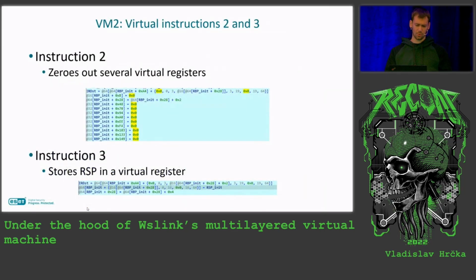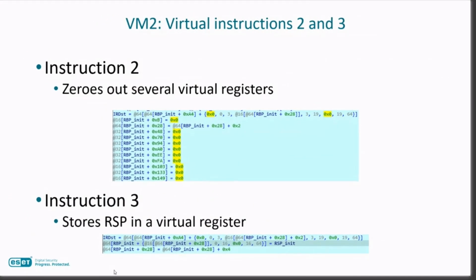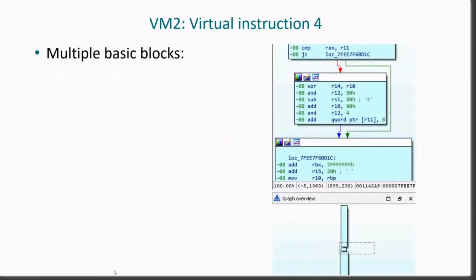The next two virtual instructions are not that interesting, but in the second one several virtual registers that are referenced relative to the virtual context are set to 0, and the third one just stores RSP in a register defined based on the bytecode. Now the fourth one is interesting.